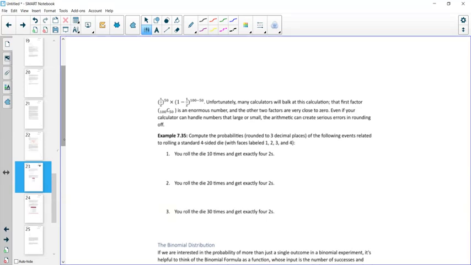So compute the probabilities rounded to 3 decimal places in the following events related to rolling a standard 4-sided die with faces labeled 1, 2, 3, and 4. And so what is the probability of getting 4 twos?